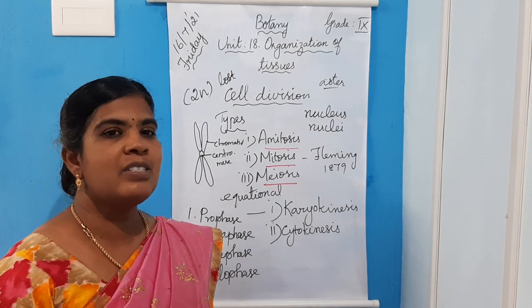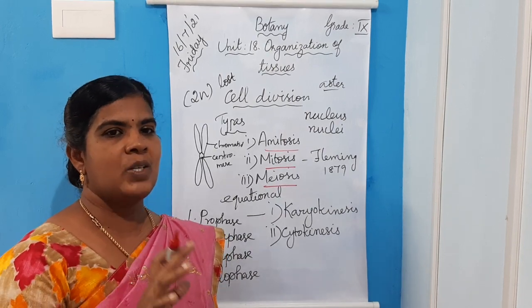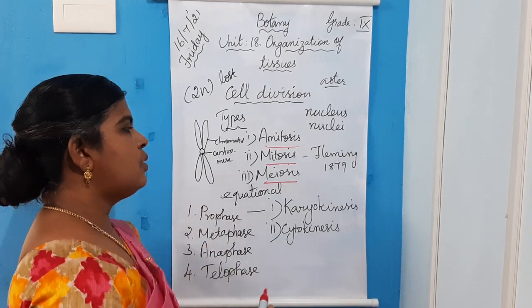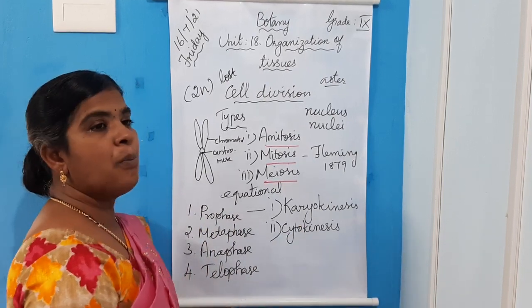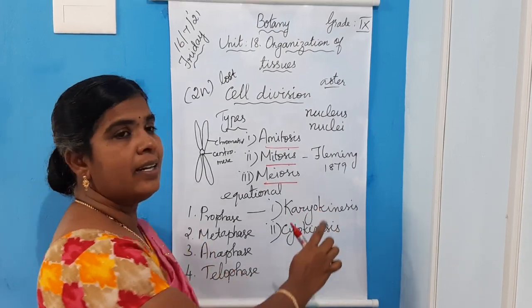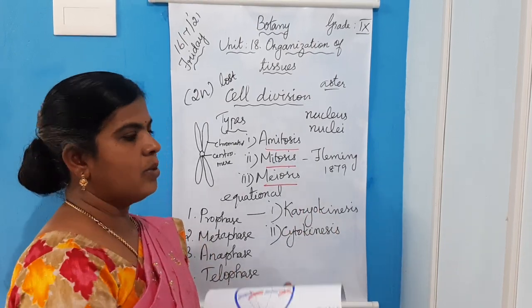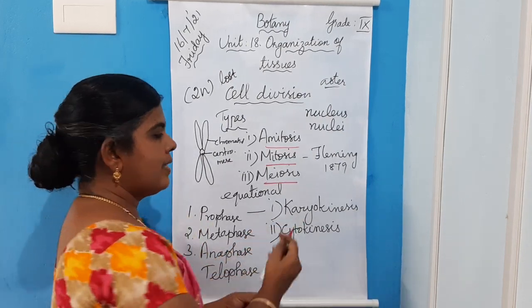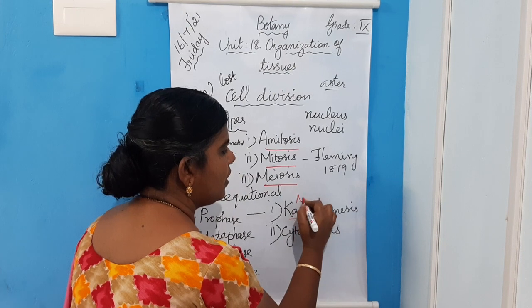What is the third type? Meiosis. What we have learned today is about mitosis and amitosis. What are the two important phases in mitotic cell division? Karyokinesis and cytokinesis. What is karyokinesis? Division of the nucleus.